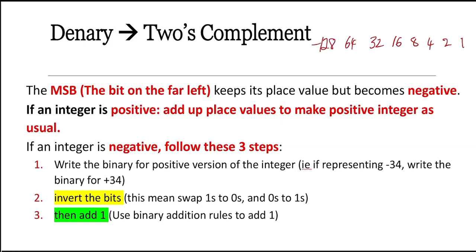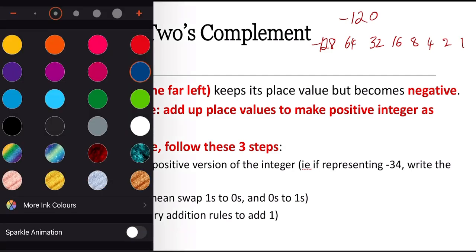And let's say you want to convert the denary number negative 120. Then all you do is you put ones underneath every place value that you need to add up to negative 120.